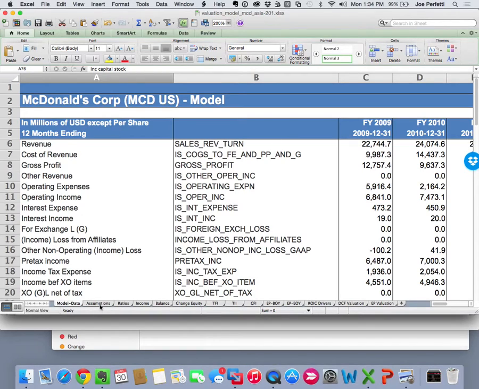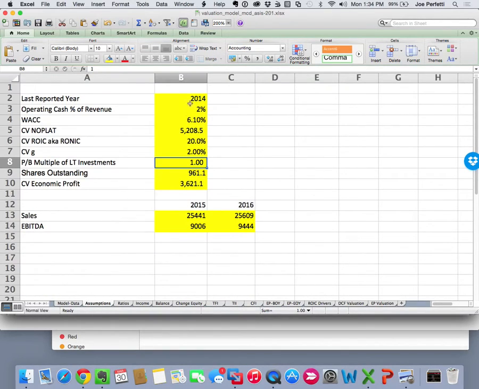Then I go to the assumptions, and I change the assumptions. Make sure I have the last reported year in case they have a different fiscal year, change the WACC, change the shares outstanding, change the earnings estimates. So essentially, that's what we'd have to do, and that's what we will do when we practice on other companies. But for now, for McDonald's, this kind of gets us there.